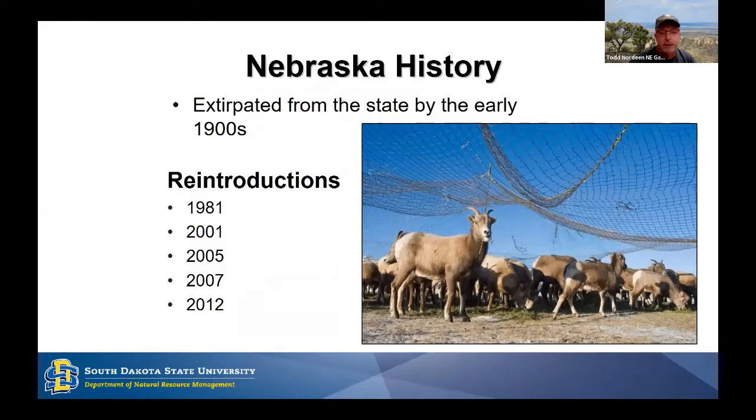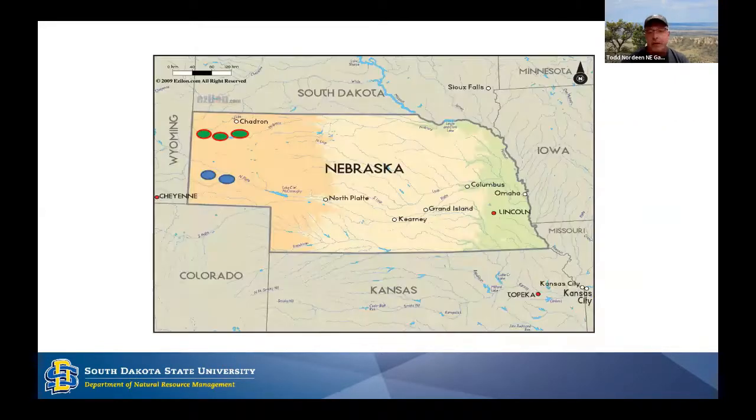Then we began reintroductions clear back in 1981, and followed up with more in 2001, 2005, 2007, and 2012. That has led us to what we have today for bighorn sheep in Nebraska, with 3 distinct herds up in the northern region, which we classify as our Pine Ridge herds, and then down in the south, what we call our Wildcat Hills region, we have 2 herds.